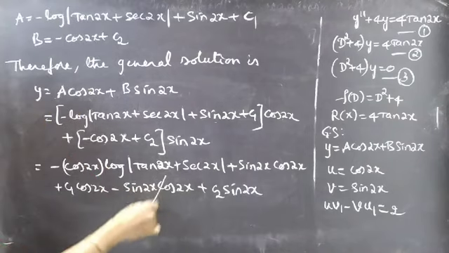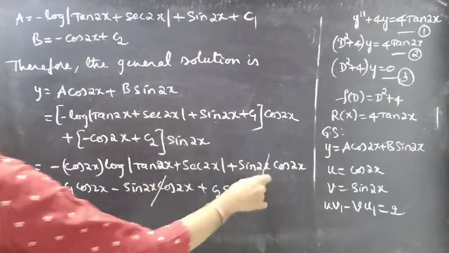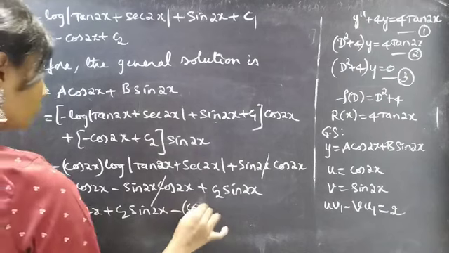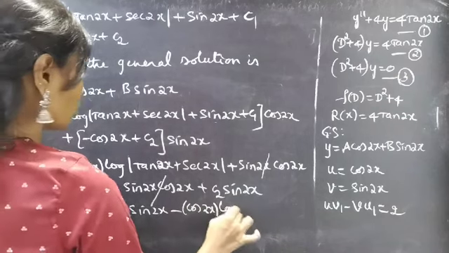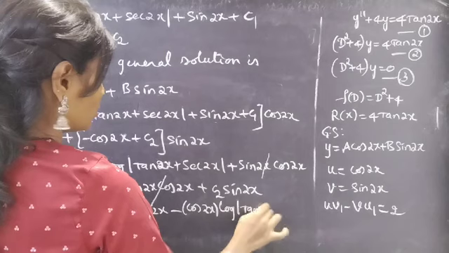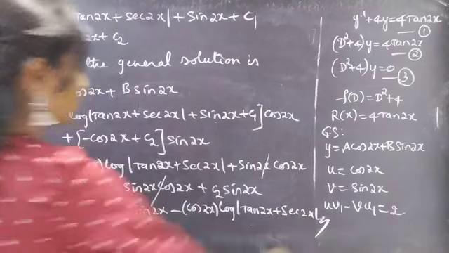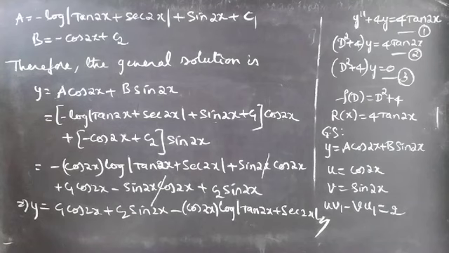So here minus sin 2x cos 2x and plus sin 2x cos 2x get cancelled, and we'll get y equals c1 cos 2x plus c2 sin 2x minus cos 2x log mod tan 2x plus secant 2x. This completes the problem.